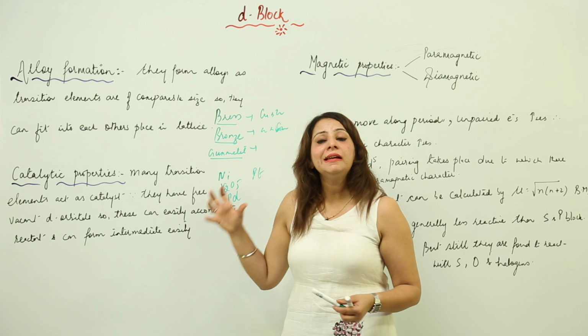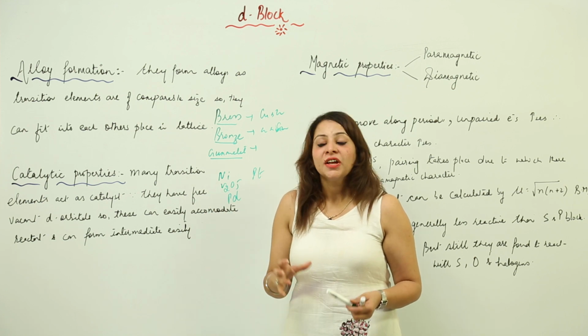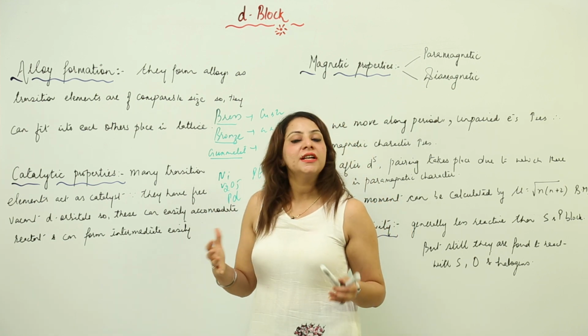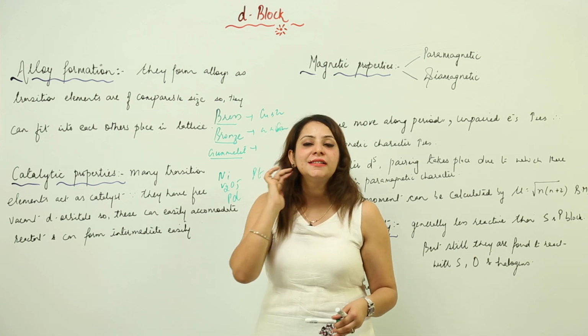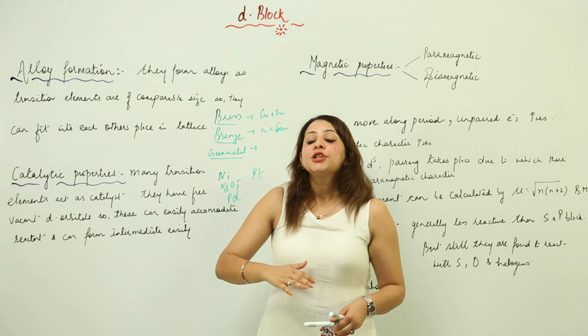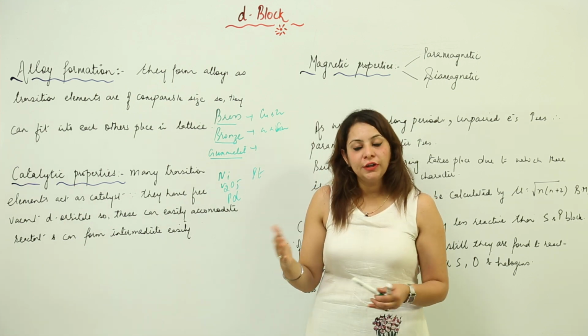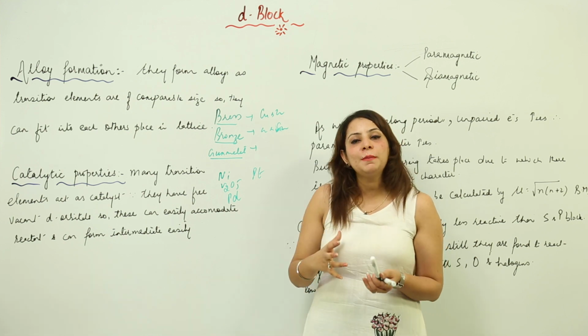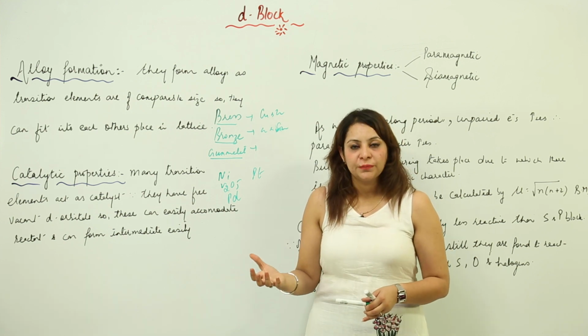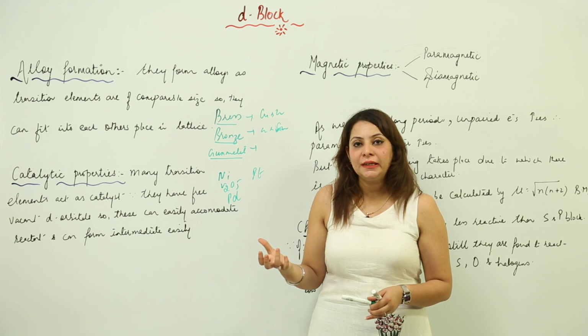And what is the reason that they can act as a catalyst? The catalyst is going to affect the rate of reaction. It can increase the rate of reaction, and likewise it can decrease it. So it has an effect on the rate of the reaction. Suppose I want my catalyst to increase the rate of reaction, how is it going to do that?